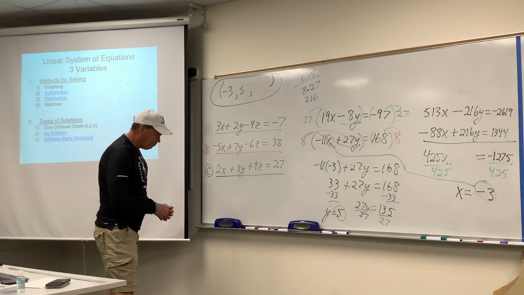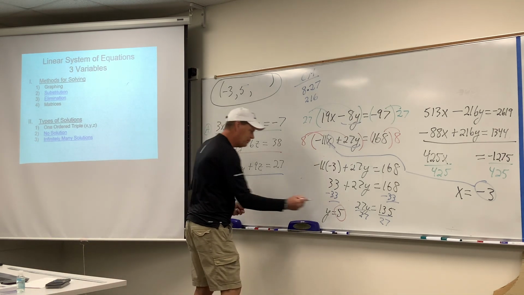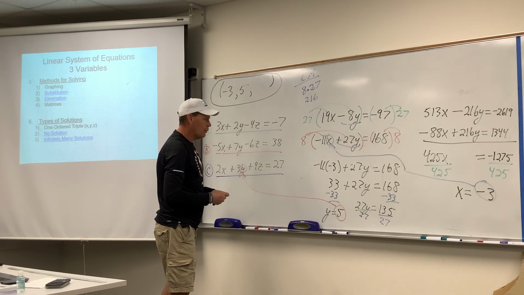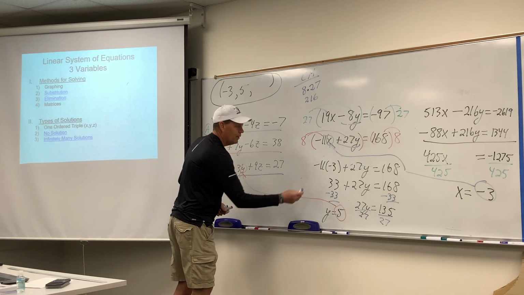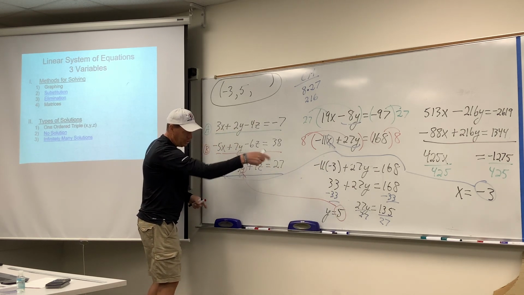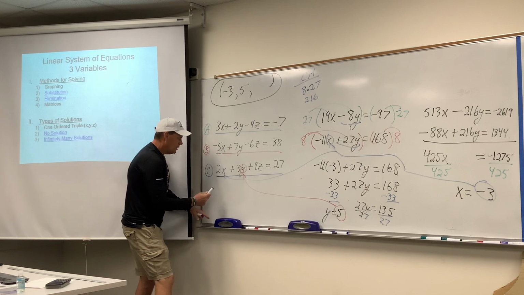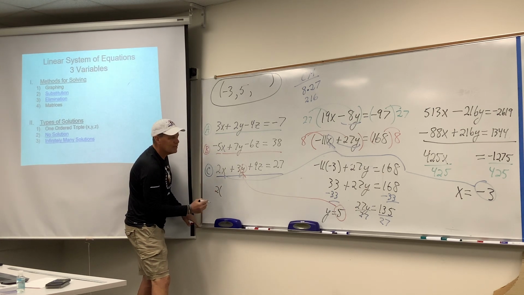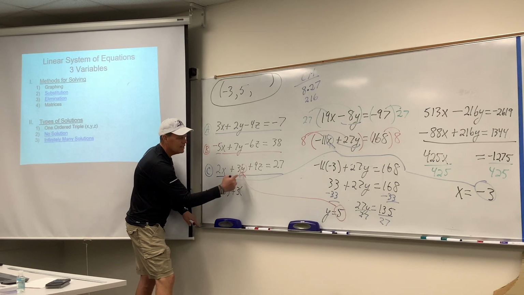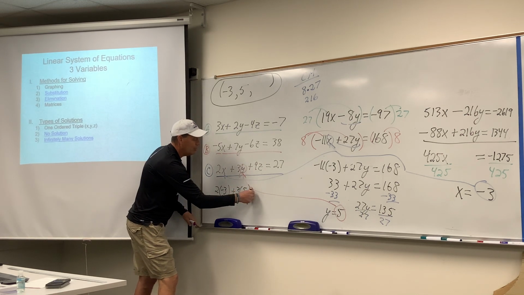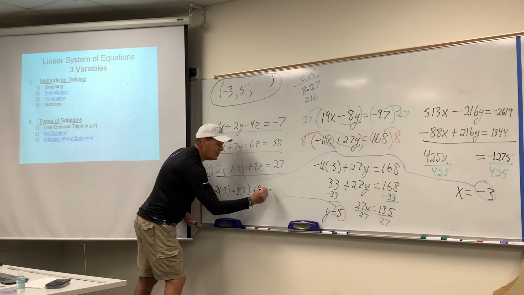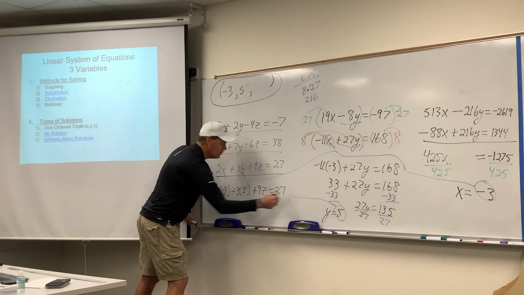Okay. So, we'll put 5 in for y. We'll put that -3 in for x. Those numbers over there. And so we have 2 times -3 plus 3 times 5 plus 9z, because we don't know z at the present time, and it equals 27.